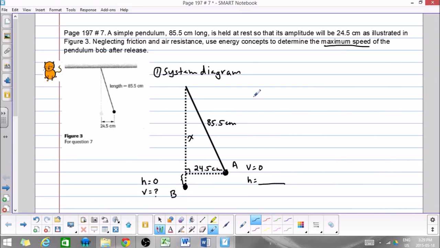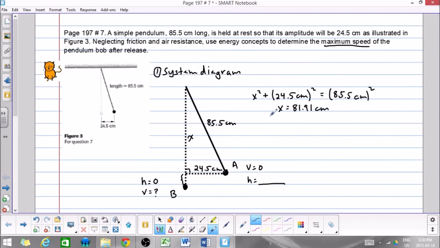So it is a right angle triangle, so we can use Pythagorean theorem. x squared plus 24.5 centimeters squared is your hypotenuse squared. And if you solve that, x will turn out to be 81.91 centimeters.